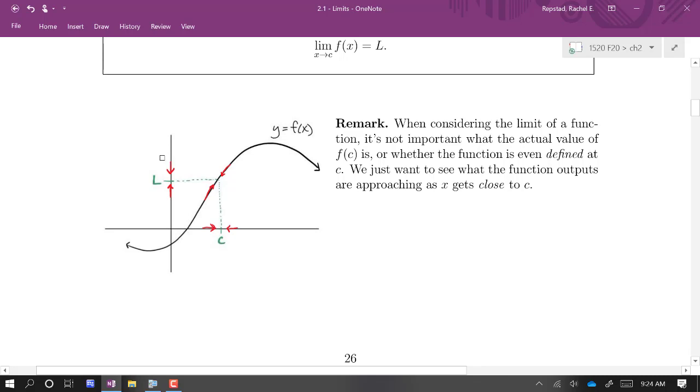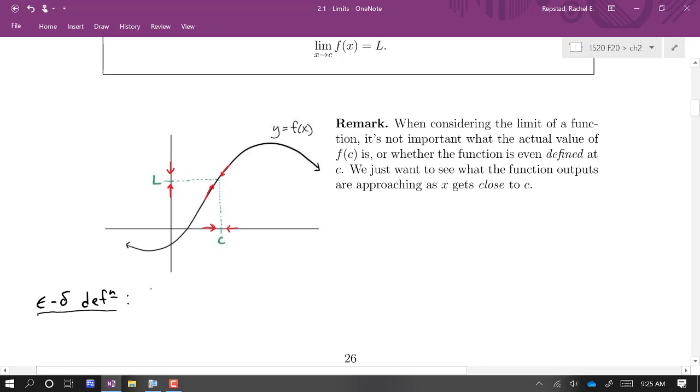I'm also going to write out another way to define it, a more rigorous definition. You'll probably see this definition in our textbook. We call it the epsilon delta definition of a limit.